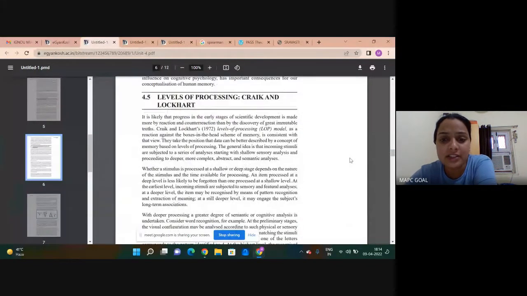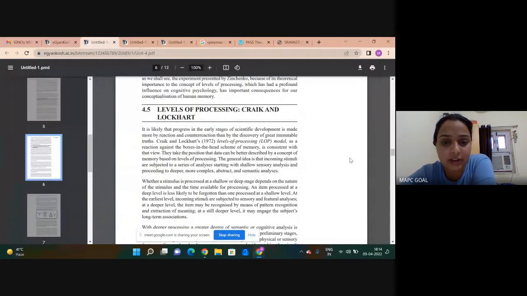These researchers, Craik and Lockhart, believe that we process information at two levels. We can send information to long-term memory only depending on the level at which we process it. One is the shallow level. If you analyze information at the shallow level, or if you don't understand it properly, then you will not be able to send it to long-term memory.